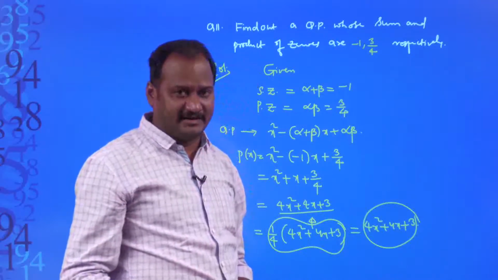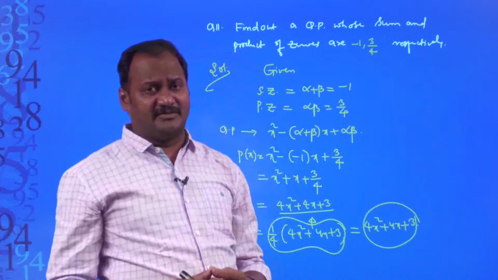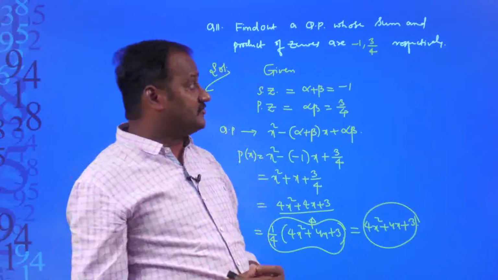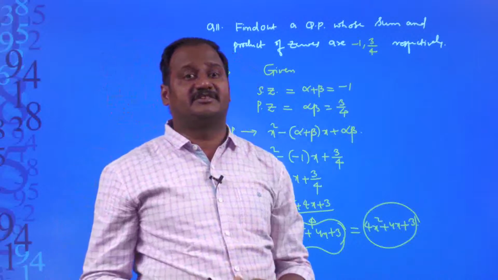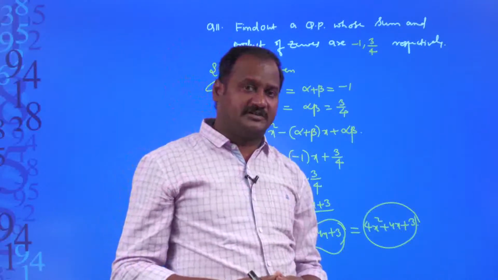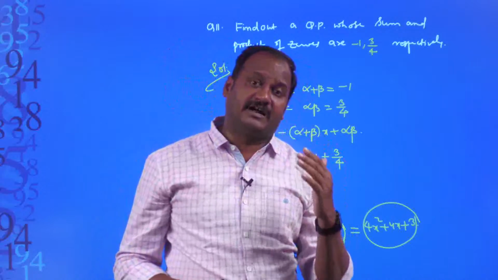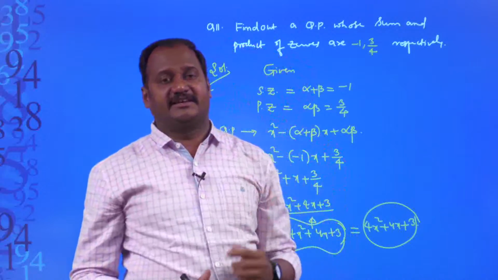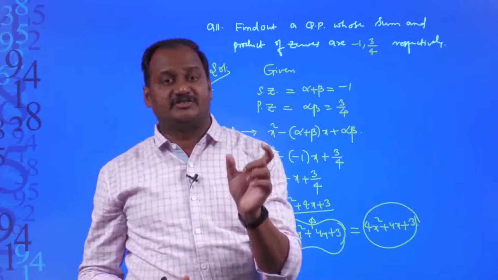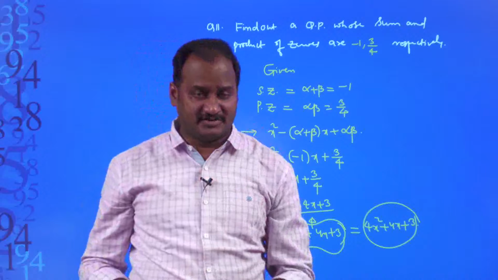So hope you understand how to form a quadratic polynomial when zeros are given and how to establish a relationship between zeros and coefficients of a quadratic polynomial. Please do remember the formula for finding a quadratic polynomial when the zeros alpha and beta are given: x square minus x into sum of the zeros plus alpha into beta, that is the product of the zeros.